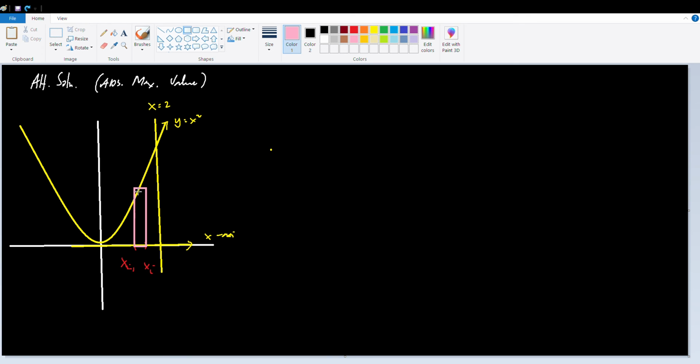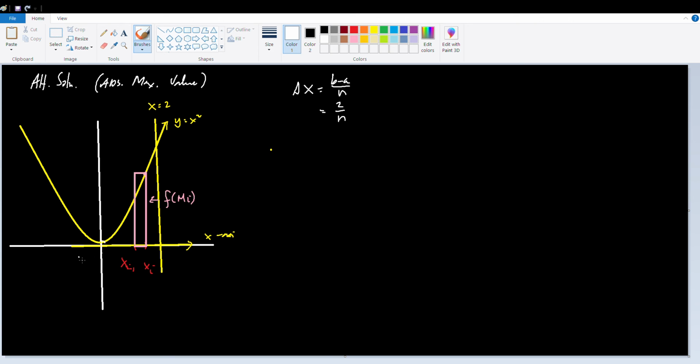So in the ith interval, this is the absolute maximum value. That is your f of Mi. So delta x just like before will be equal to b minus a all over n, or 2 all over n.